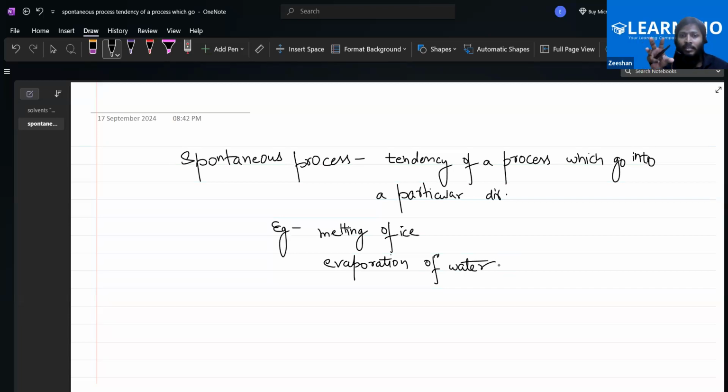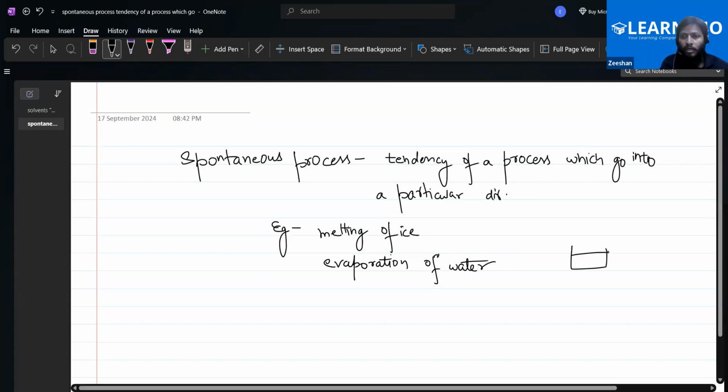However, at 100 degrees Celsius, the evaporation of water is very abrupt. Every molecule of water has the tendency to evaporate, but in any beaker or vessel, only the surface water has the tendency to evaporate, right?